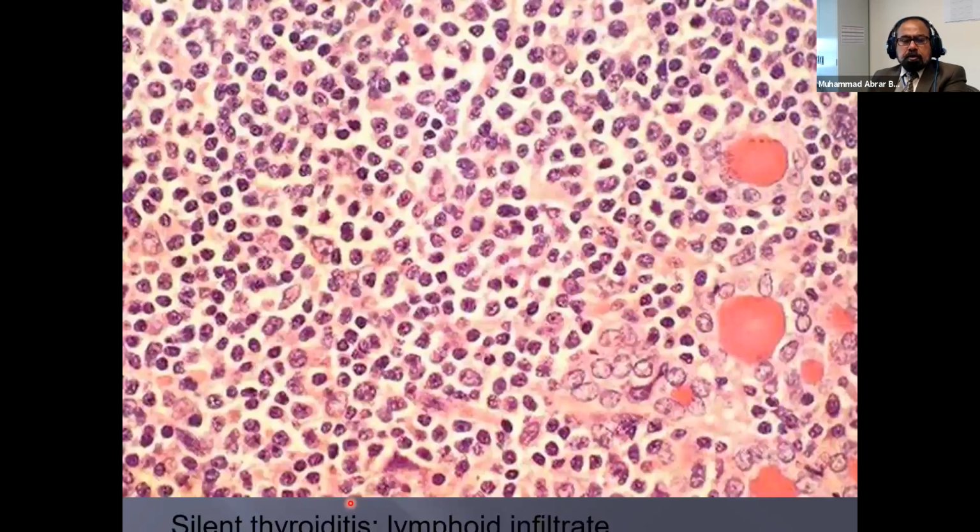So this is how it looks. You see a lot of lymphocytes around. You can see damaged thyrocytes, but you don't see Hurthle cells, which have a granular eosinophilic cytoplasm and rounded nuclei. So the Hurthle cell is actually the peculiarity and the difference between these two thyroiditides.